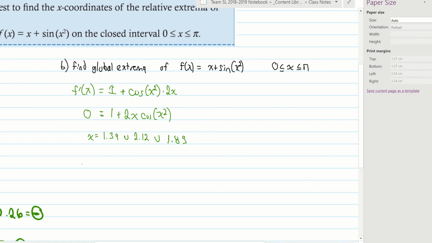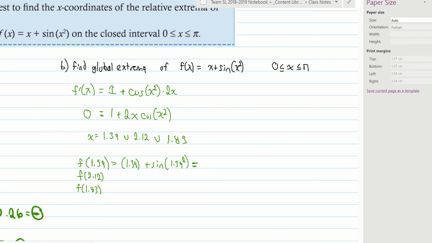Okay, so we have our x values where the derivative is equal to 0. What we need to find now is we go to the original function and find the y value there. So we have to find f of 1.39, f of 2.12, and f of 1.83. So f of 1.39 is 1.39 plus sine of 1.39 squared, to find the y value.